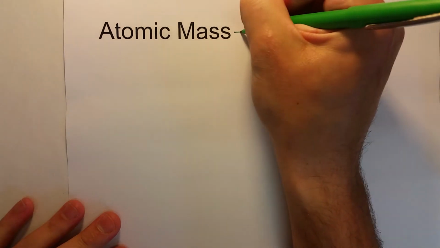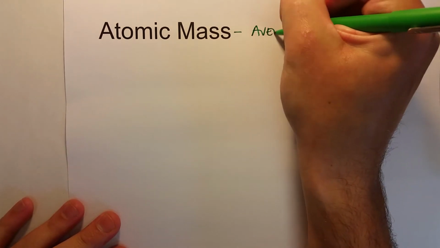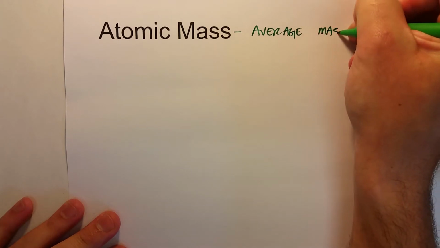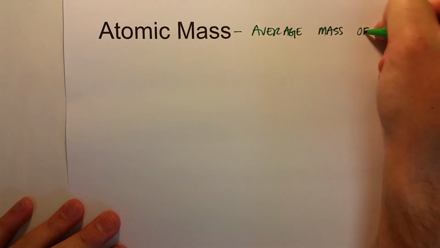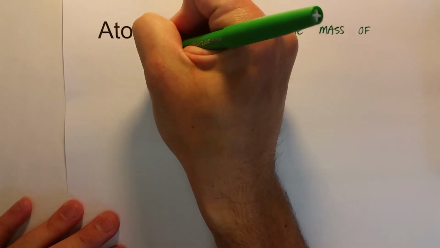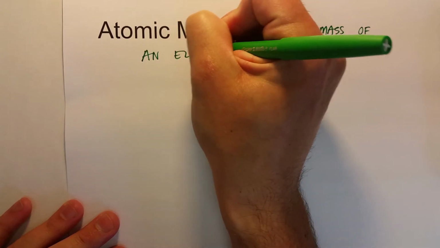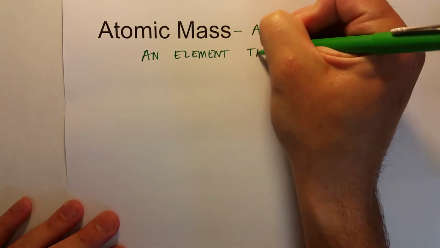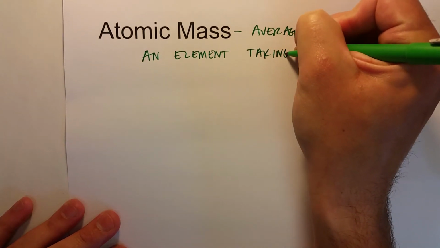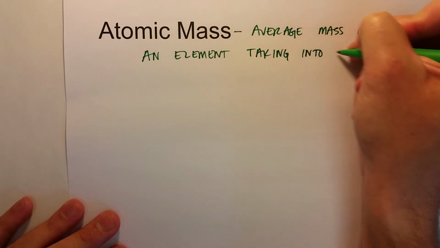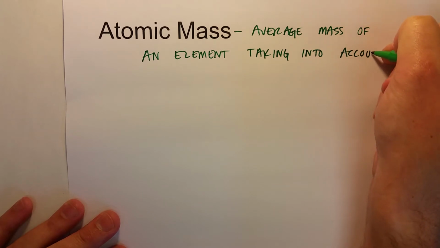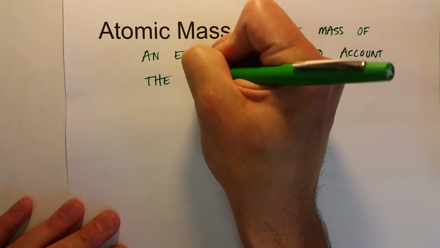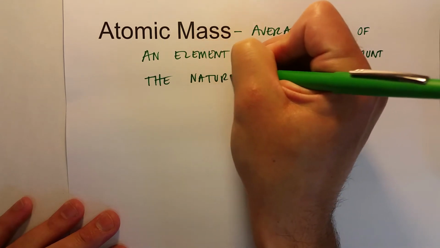The atomic mass is the average mass of an element, taking into account the natural abundance of its isotopes, and of course their masses.